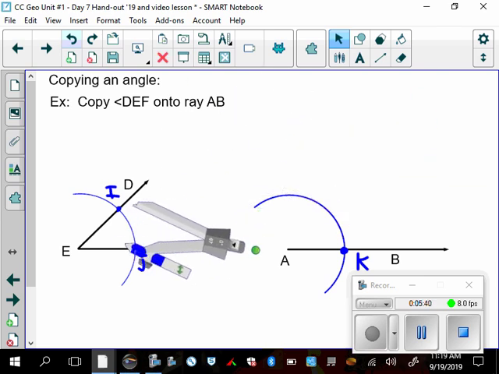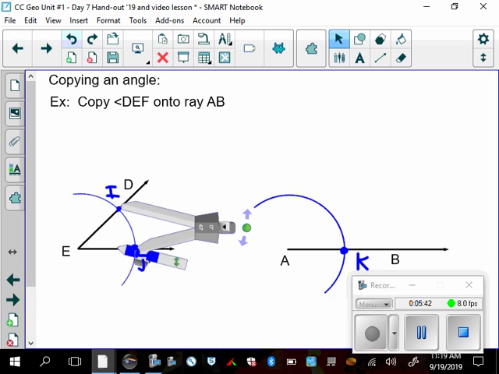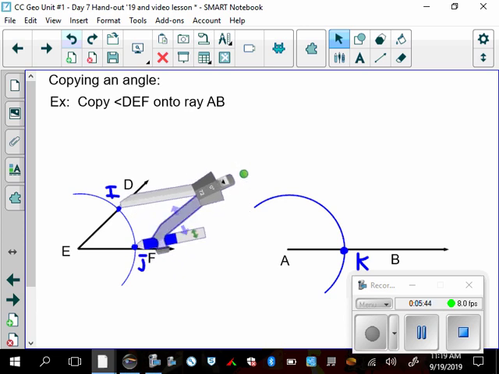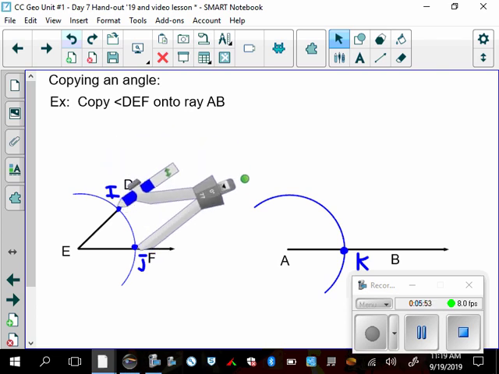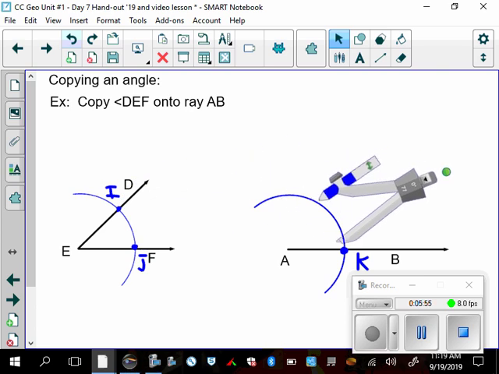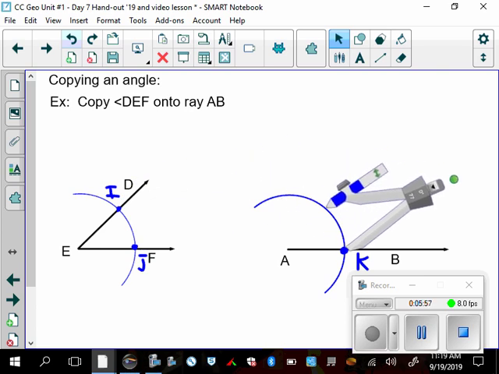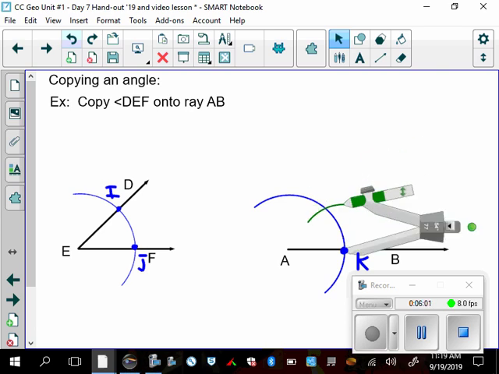Okay, so I put the pencil on one of the intersections and the point or the anchor at the other. Okay, so I'm measuring that. Once I have it measured, I'm going to bring it over here to K, and I just want to cross the original arc that I made.